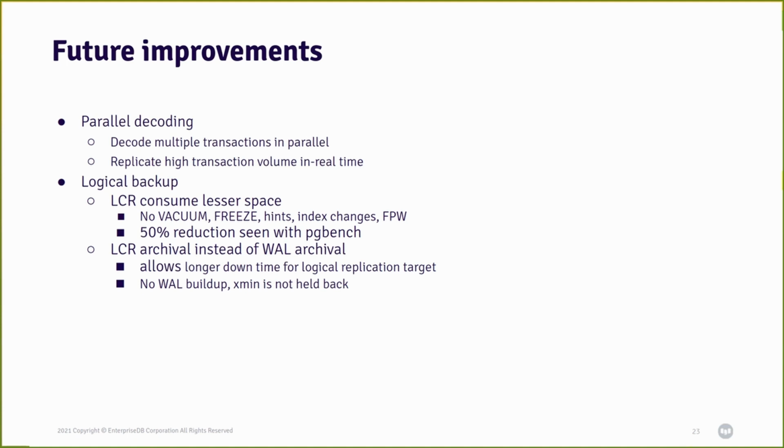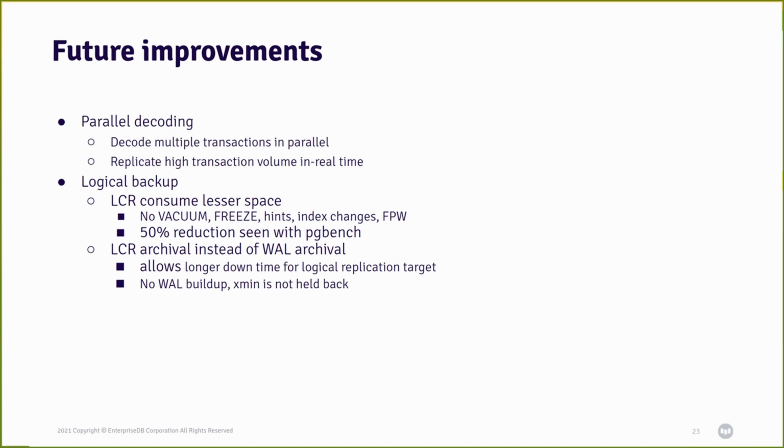So when a downstream to which we are replicating changes logically goes down, we need to retain the WAL on upstream, and also we cannot forward the catalog xmin because we need to interpret the WAL in a logical way.